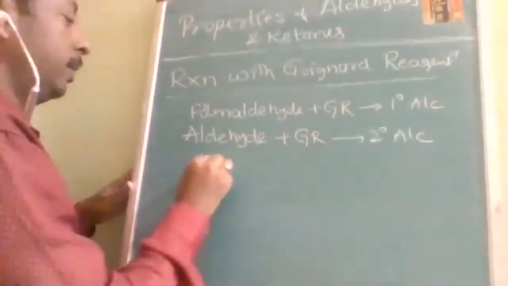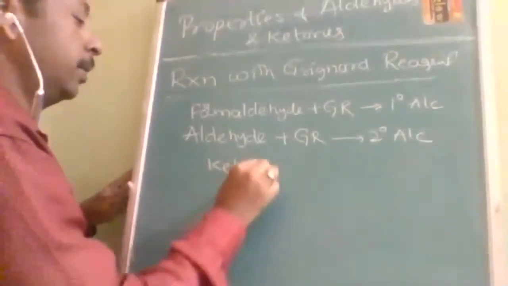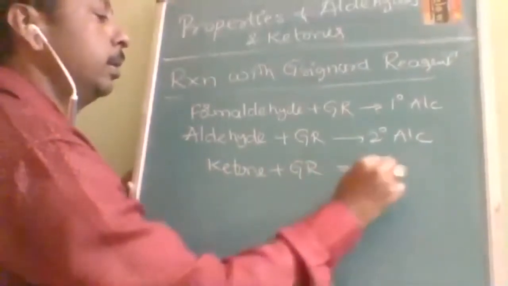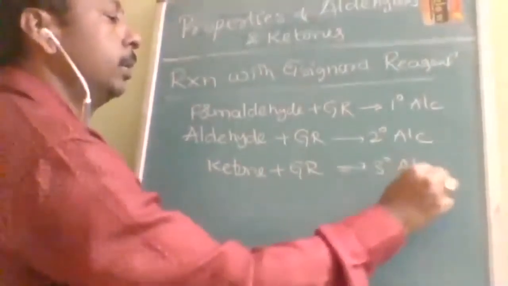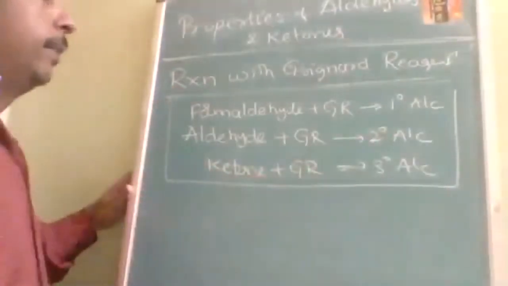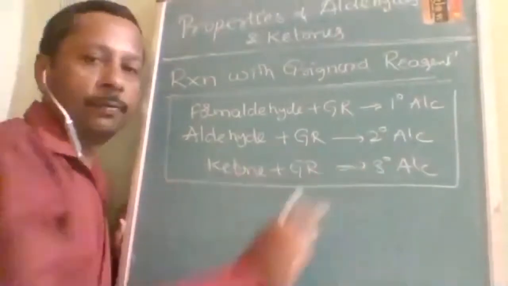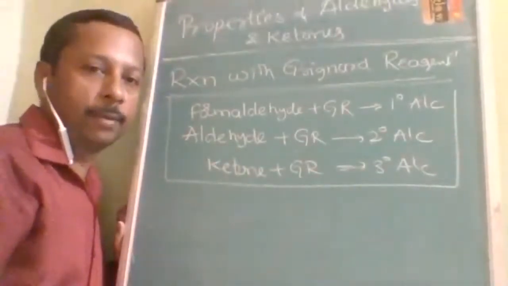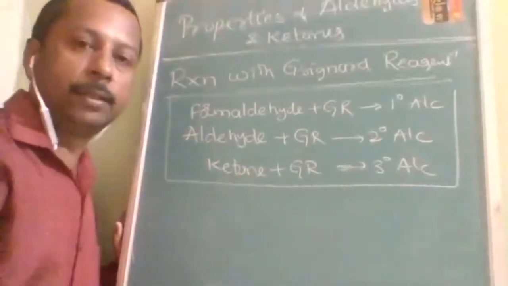If it is a ketone plus Grignard reagent, what is it giving? A 3-degree alcohol. So that is the difference: different carbonyl compounds give different types of alcohol. The disadvantage is that we can never prepare methanol by this method.